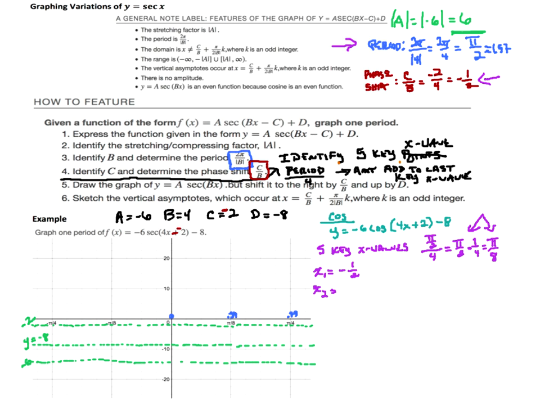So my next key value is negative 1/2 plus pi over 8. And I have to find a common denominator to add those together. I don't have room to show all this, but I multiply that first fraction by 4 over 4, and I end up getting negative 4 plus 2 pi divided by 8.